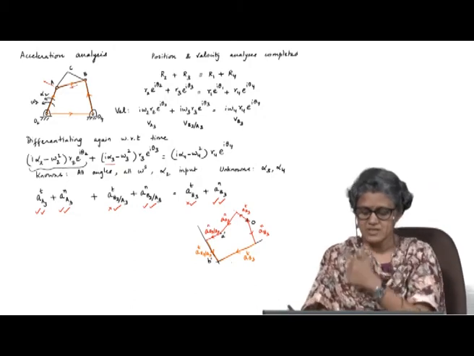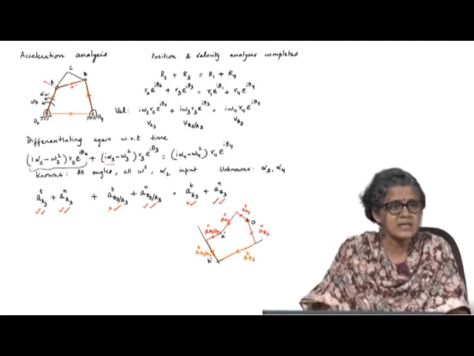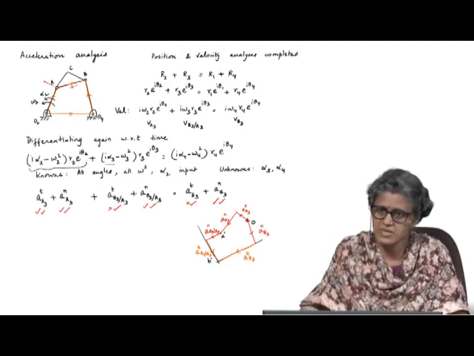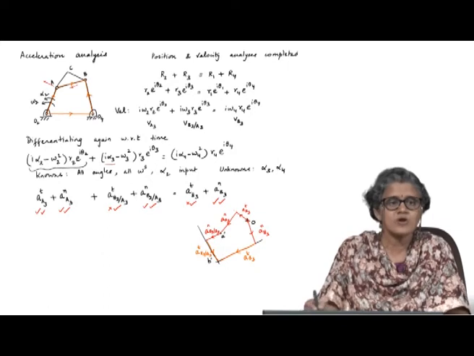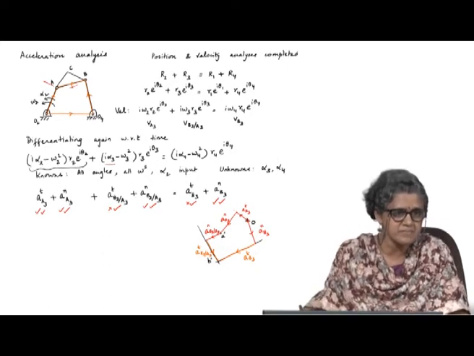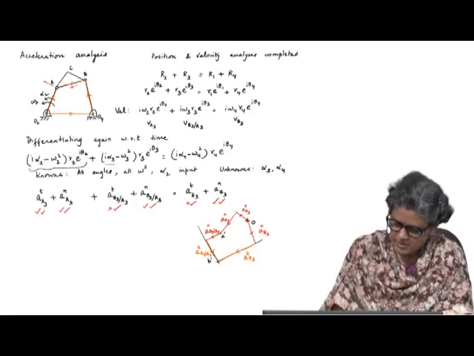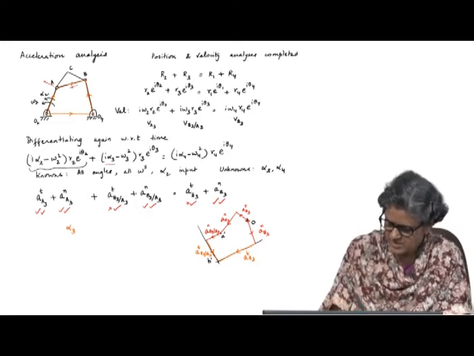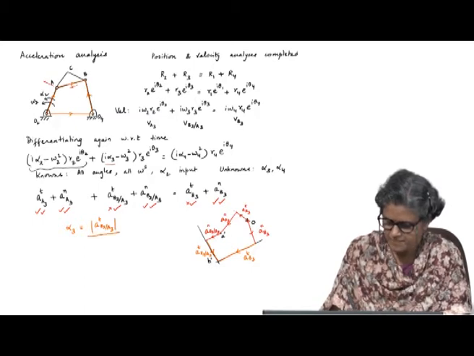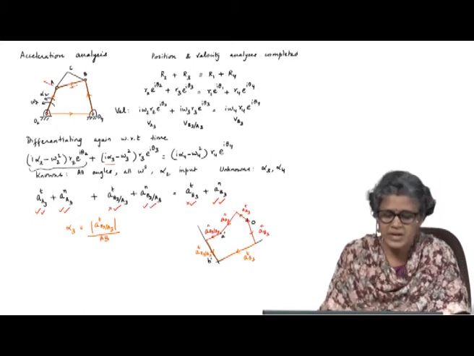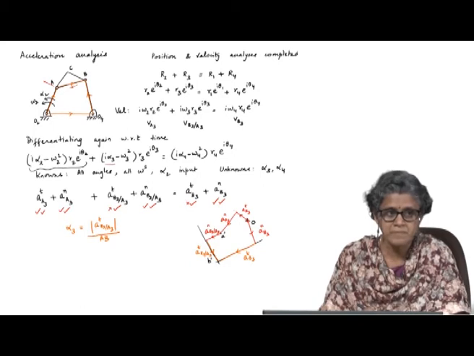So now from here I have basically solved this vector equation graphically. So now I can find alpha 3, it is A tangential, the magnitude of that, divided by the distance AB, and what would its direction be?